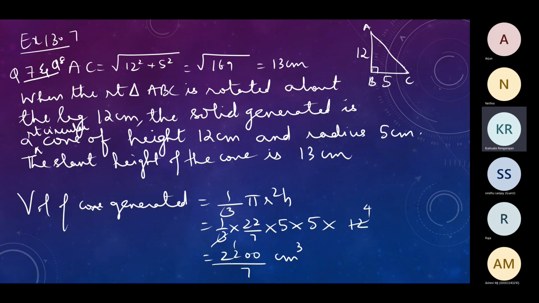If you turn the right triangle ABC about the leg 12 centimeters, a right circular cone is generated. But if you turn it about the leg 5 centimeters, a different right circular cone is generated. That means the radius and height will be different. The slant height will be 13 for both, but the radius and height will be different.